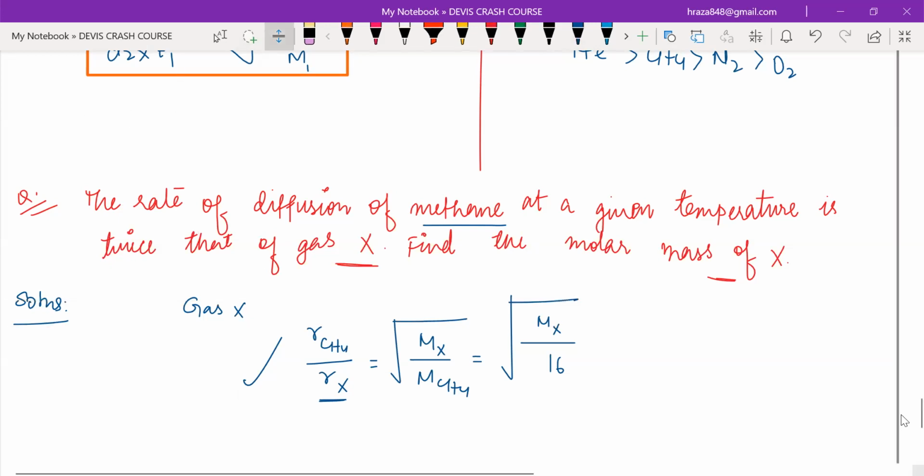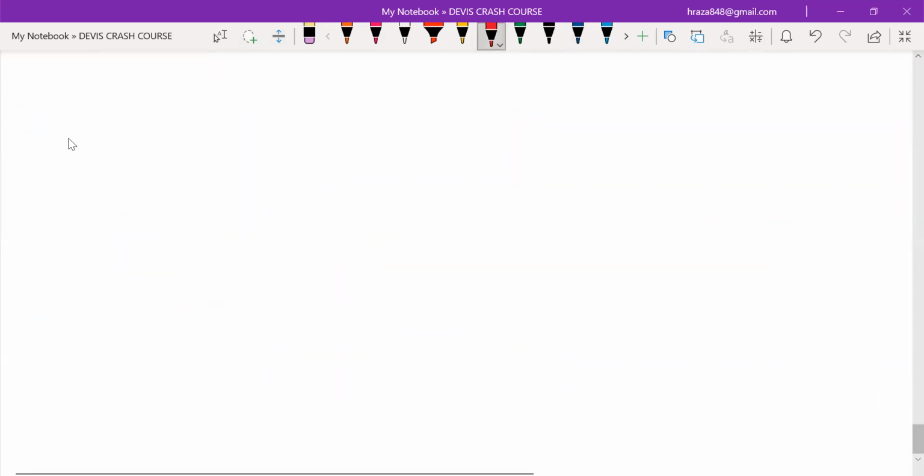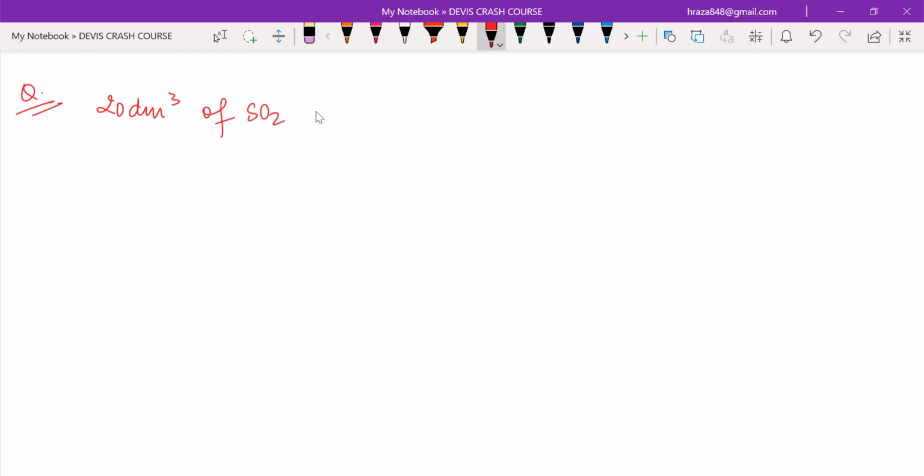Now, the next question I'm going to give you: 20 decimeter cube of SO2 gas is diffused in 60 seconds.